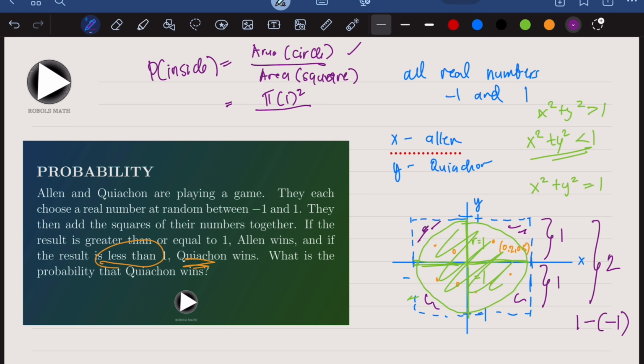The area of the square is side squared, so the area of the square with side 2 must be 2 squared. Therefore, the ratio is pi over 4. And therefore, the probability that we're looking for is pi over 4. And that's our final answer.